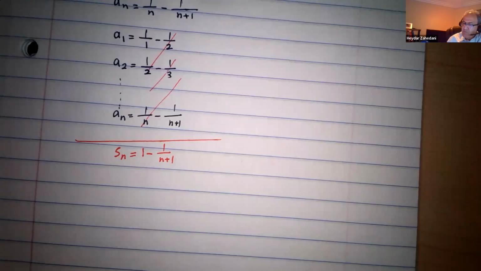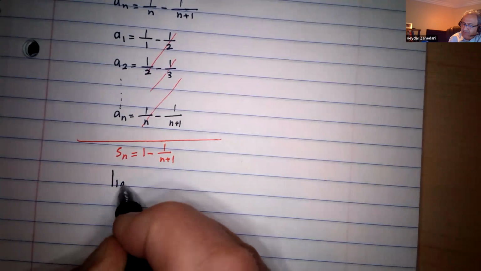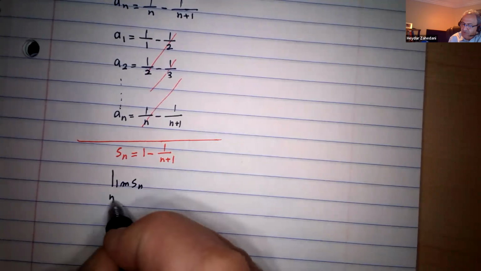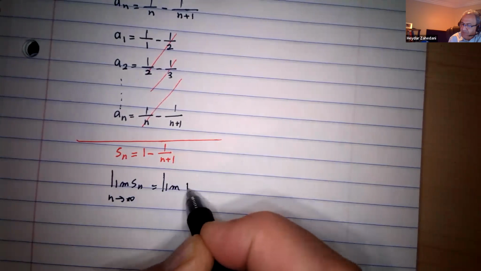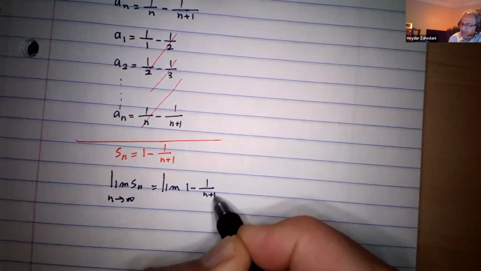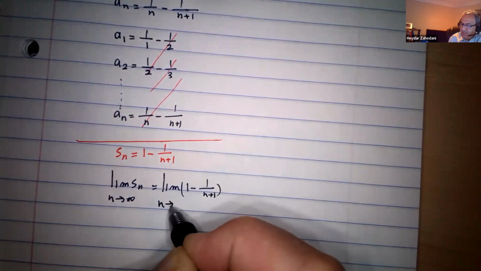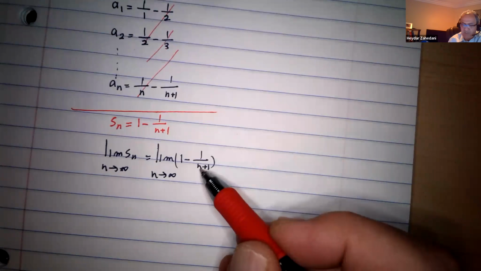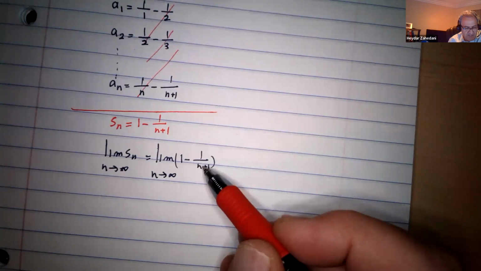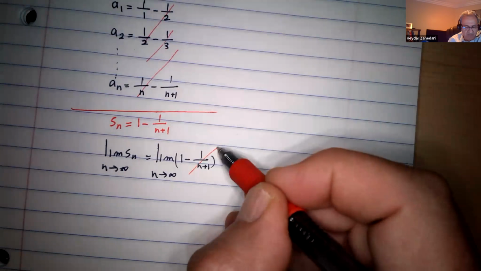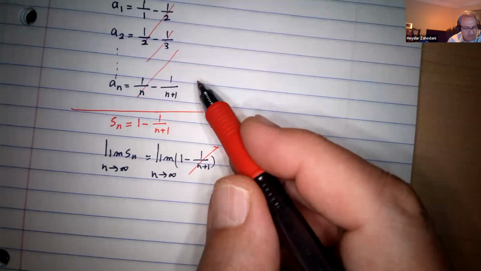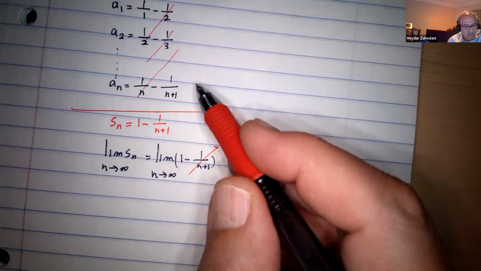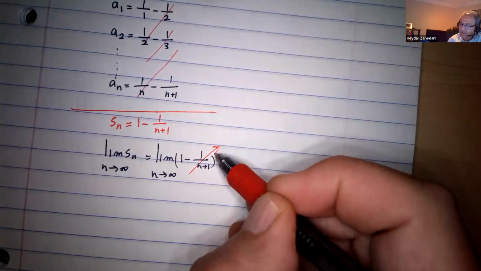Take the limit of S_n, n goes to infinity. It's going to be the same as the limit of 1 minus 1 over n plus 1 when n goes to infinity. We already talked about it. n is down in the denominator, so this limit would be 0. This limit would be 1.